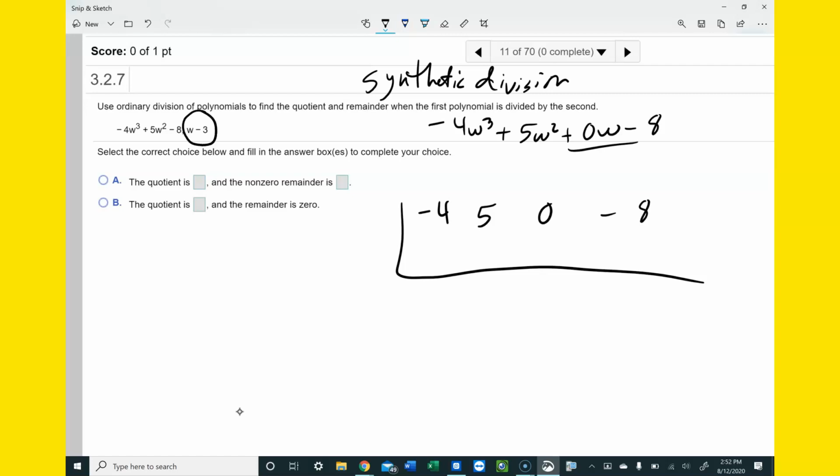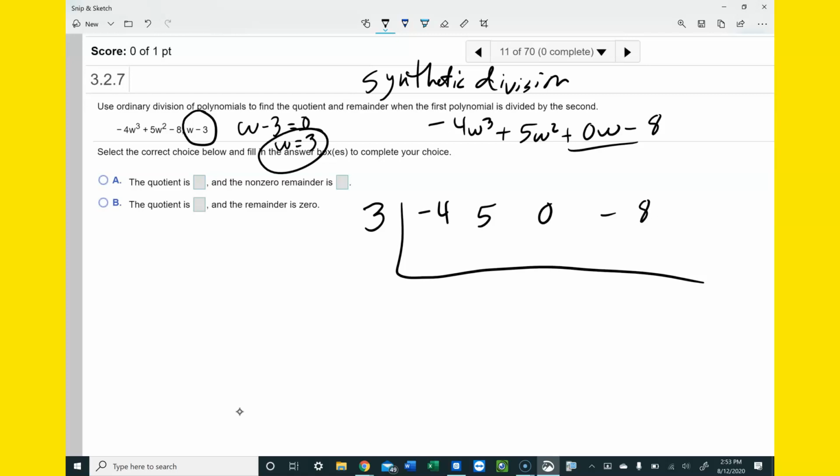I'm dividing by w minus 3, and you're going to set that equal to 0 and solve it. So what do I get? W equals positive 3. This is the number I'm putting outside of the box. How did I get that? I take the thing I'm dividing by, and I set it equal to 0, and I solve it, and that little solution is the number that I put outside the box.